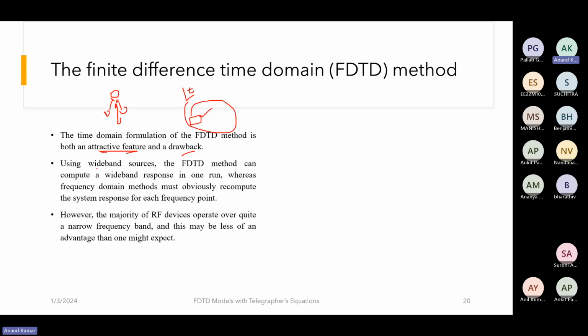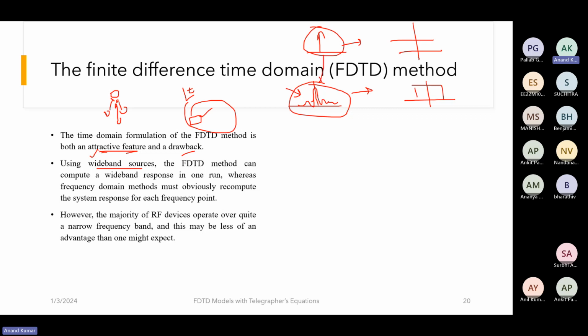Another advantage being that FDTD is capable of simulating wideband sources. If you remember your Fourier and Laplace transforms, the Fourier transform of an impulse function is somewhat like this. If you have a sinc function like this, its transform is a rectangular pulse like this. So this is impractical.